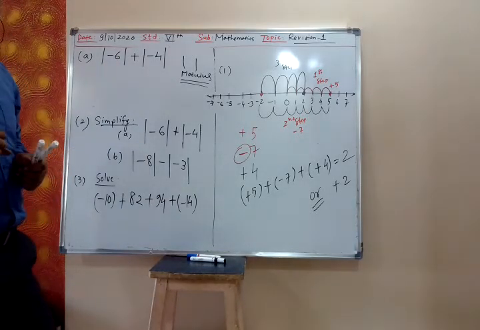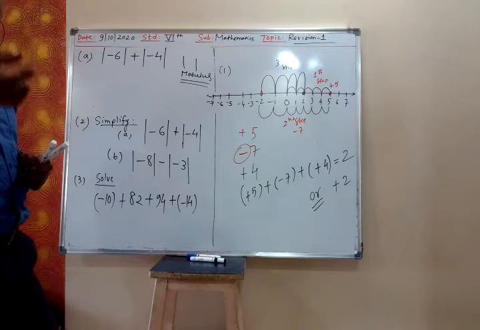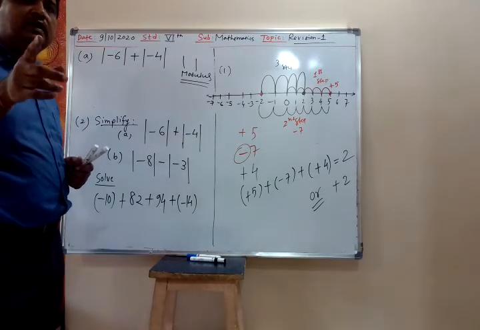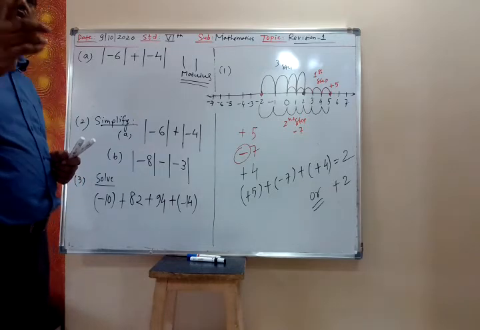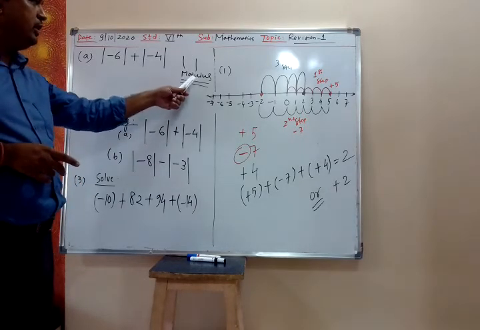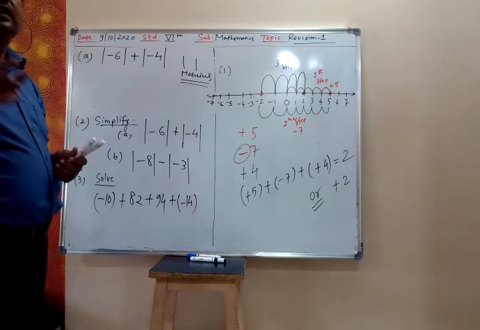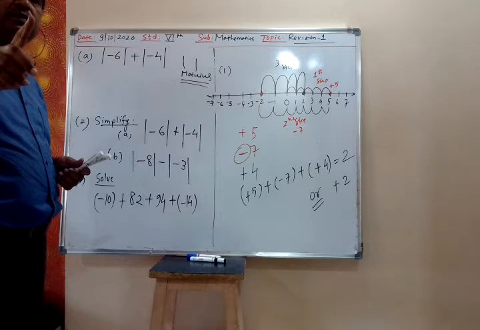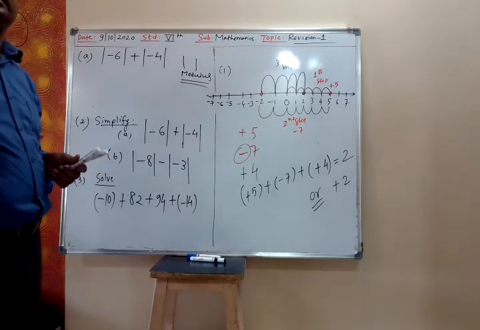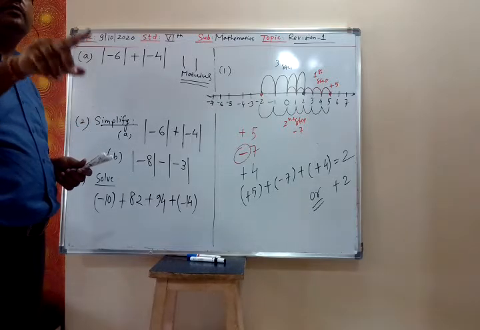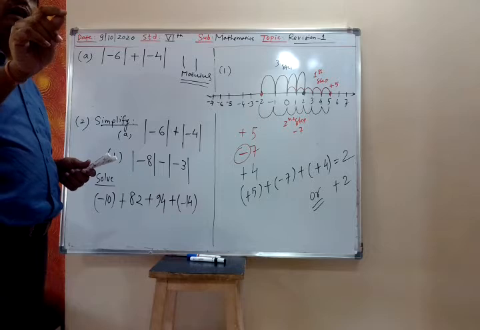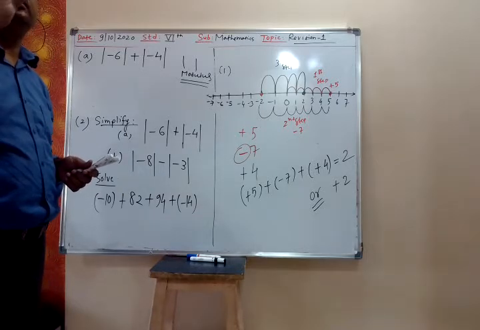And what is the property of the modulus bracket? Whether the number has a plus sign or a minus sign, if there is a modulus bracket, the number we always write with a plus sign when we remove the modulus bracket.